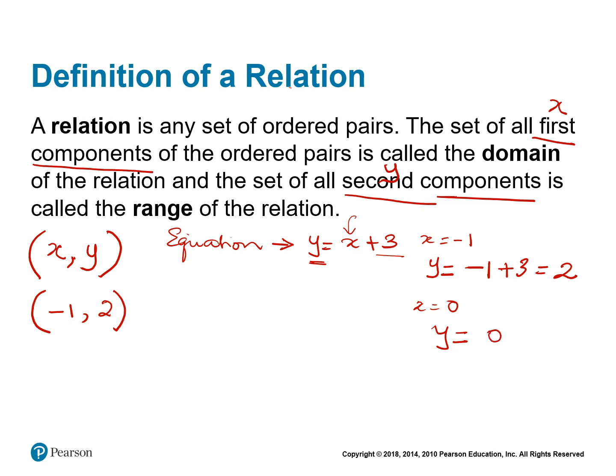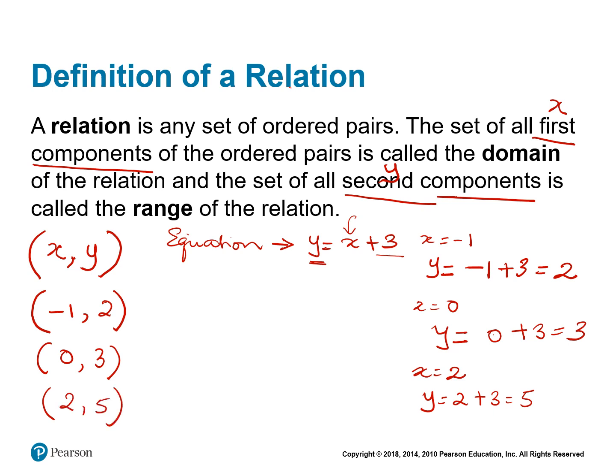Just plug in the x value of 0, add 3 to it, and we get a y value of 3, and we write it as the ordered pair (0, 3). Let's choose a positive value for x, make it x equals 2, and y will be 2 plus 3, which is 5. So our ordered pair is (2, 5).